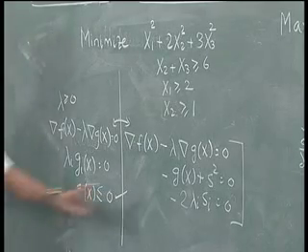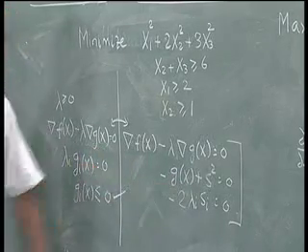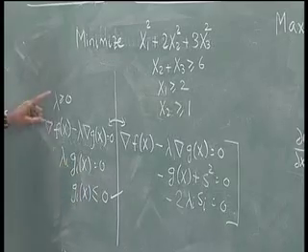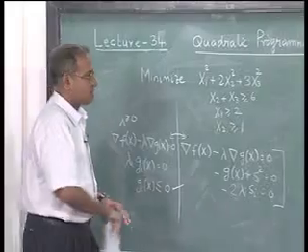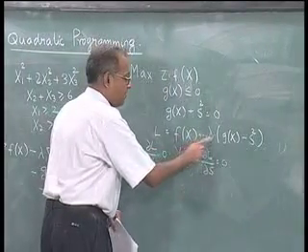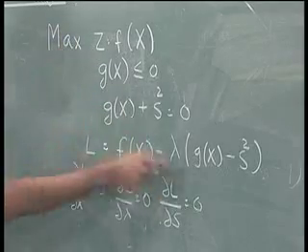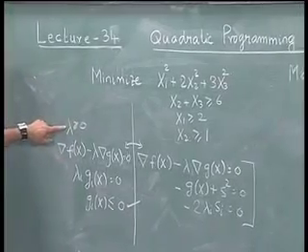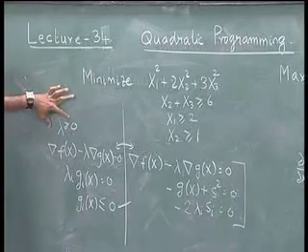So, now minus 2 lambda I s I equal to 0 is now written as lambda I g I of x equal to 0 and lambda greater than or equal to 0. Now, lambda greater than or equal to 0 comes only when we have this quantity which will reduce the objective function. So, when we put a minus lambda, lambda has to be greater than or equal to 0 for the inequality that we have. So, lambda is greater than or equal to 0.